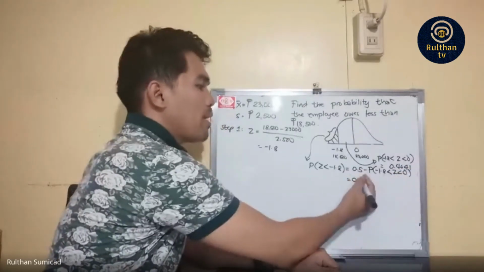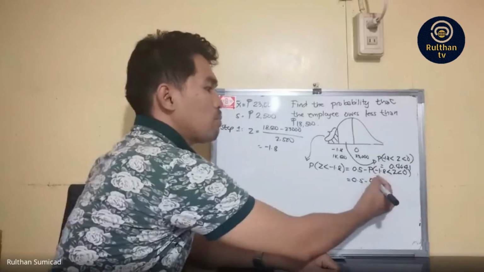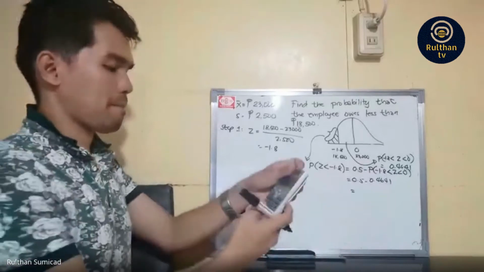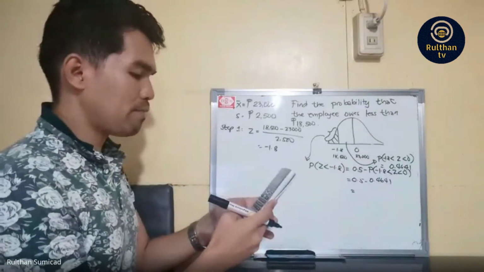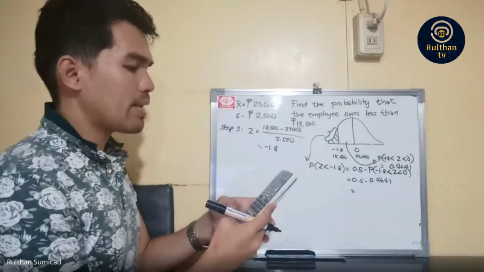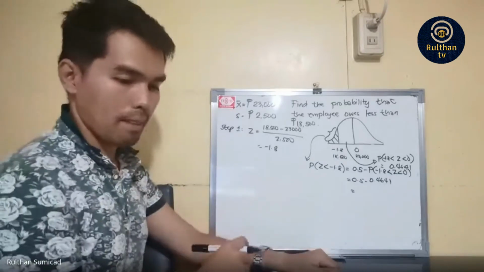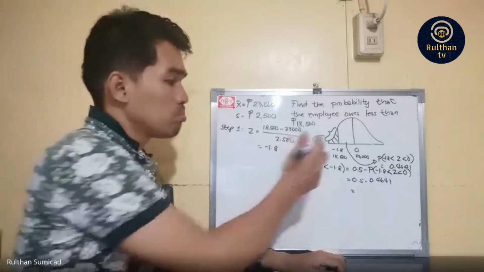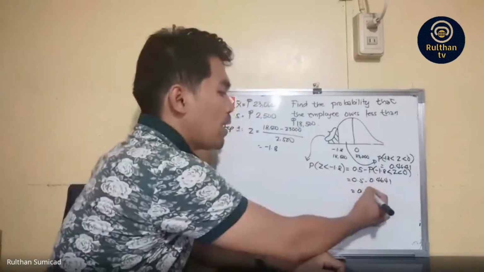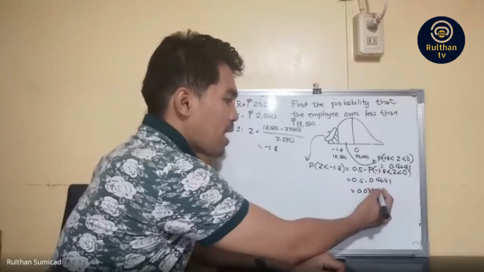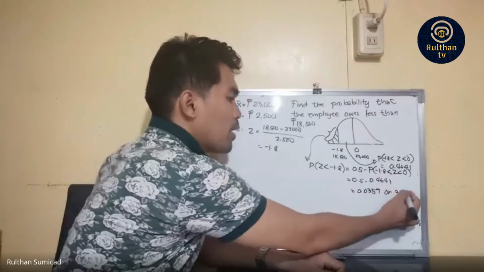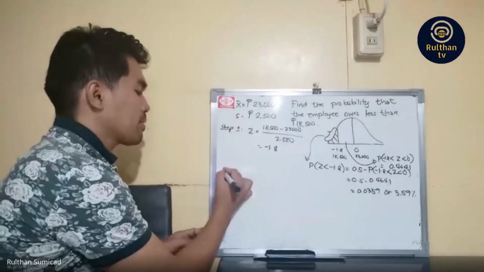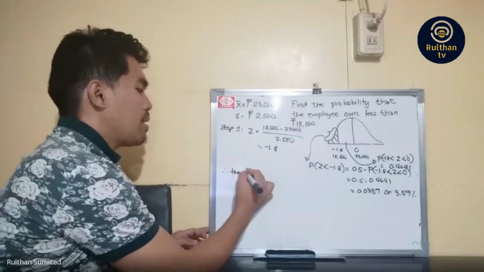So you have 0.5 minus 0.4641, that is 0.0359, or 3.59%.